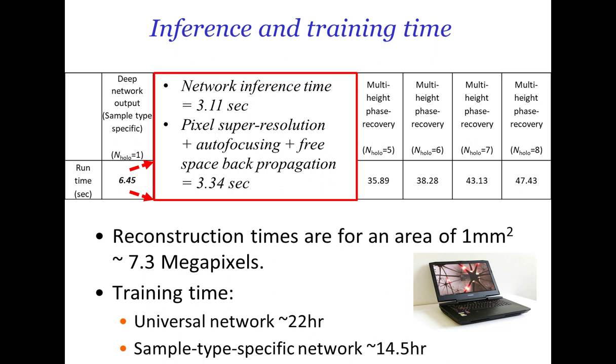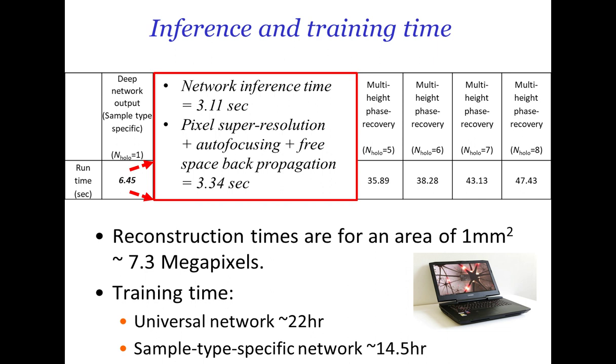In terms of savings, obviously we also have savings in hologram acquisition and reconstruction time. What you see here is a comparison with a physical reconstruction method which uses multiple heights. For example, if you use 3 different heights, sample-to-sensor distances, the reconstruction takes about 28 seconds for a field of view of about a millimeter square.